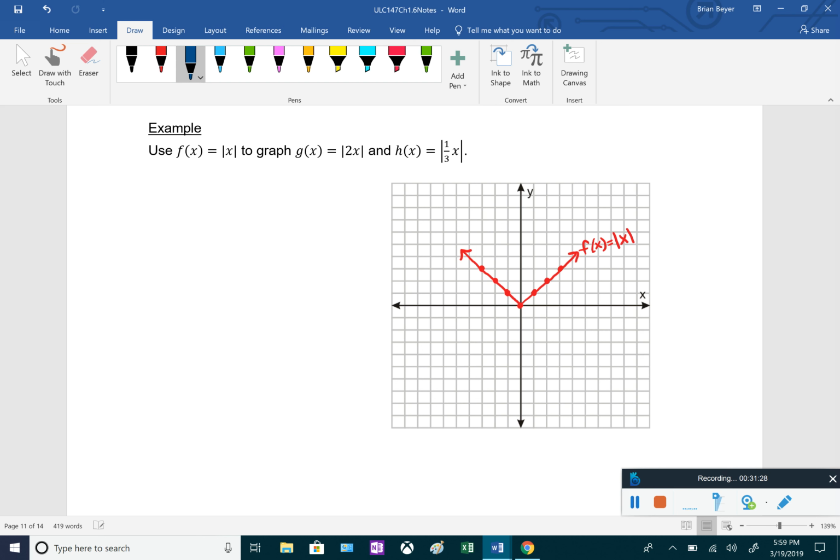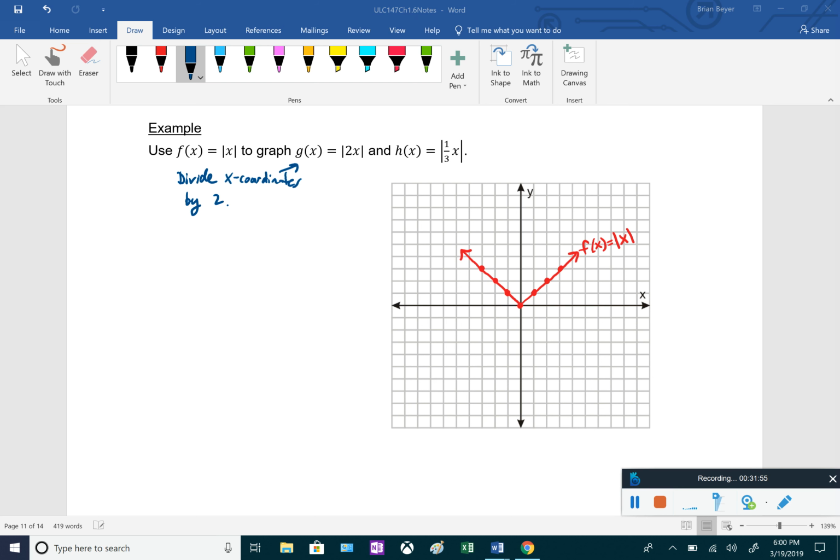So taking a look at g of x here, we know it's a horizontal shrink because the value is 2 on the x. It's greater than 1, so horizontal shrink. What that means is we have to divide every x coordinate from the absolute value of x by 2.